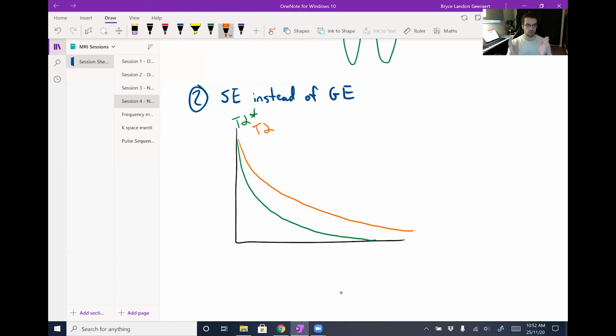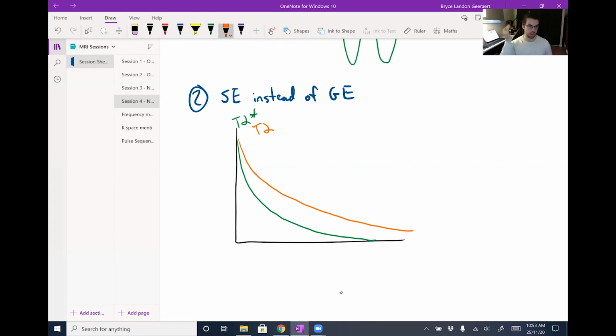So if all parameters of our sequence are the same, except we've switched from gradient echo to spin echo, we are now measuring signal along the T2 curve, because we've canceled out all those imperfections in the magnetic field and gradients and conductive materials that are causing increased dephasing in T2 star. And we're just looking at T2 effects, which means there's more signal available for our echo. So generally, if we use spin echo, we have a higher SNR than gradient echo just because we're on that T2 curve now instead of T2 star.